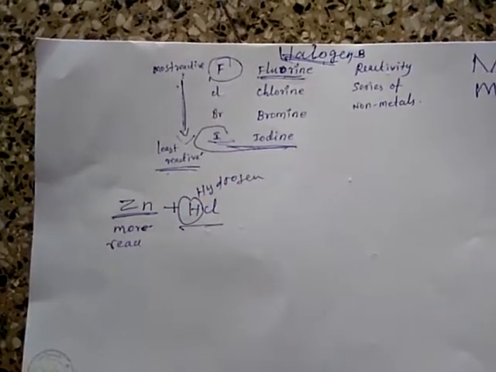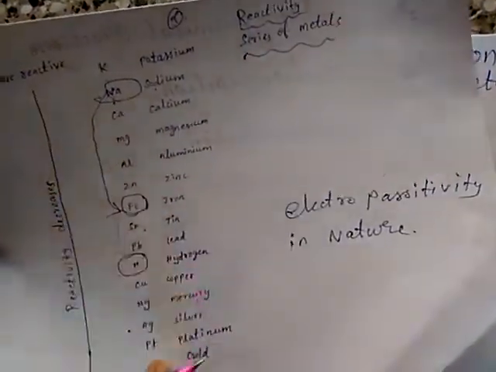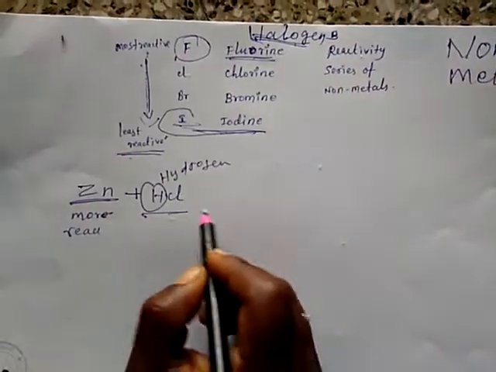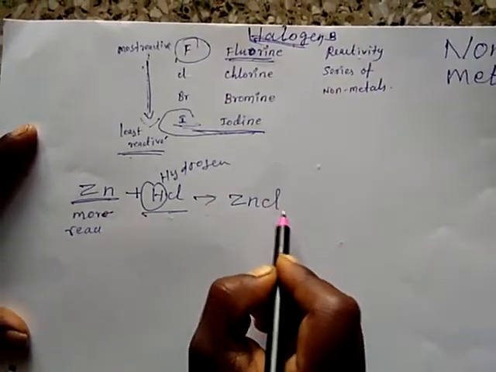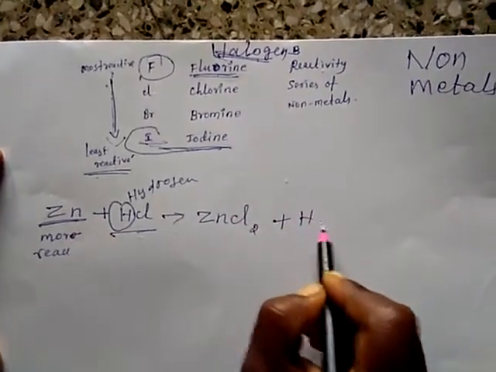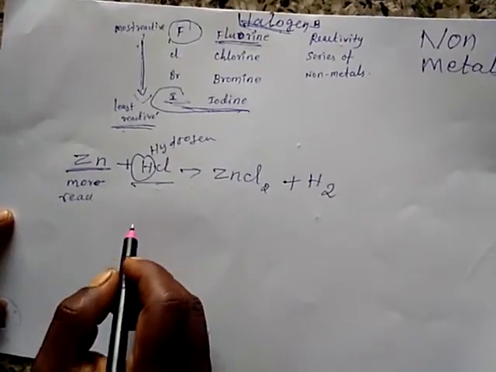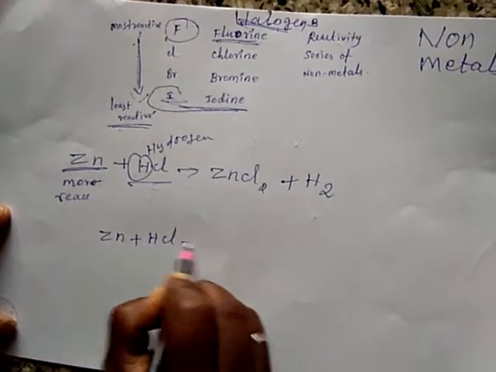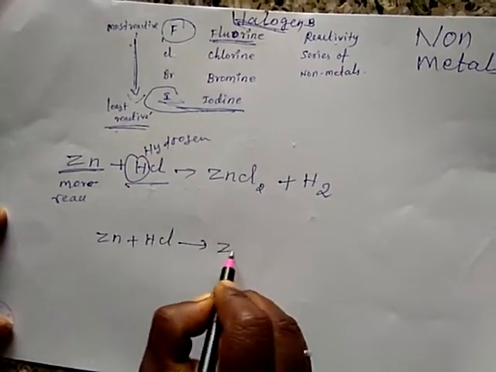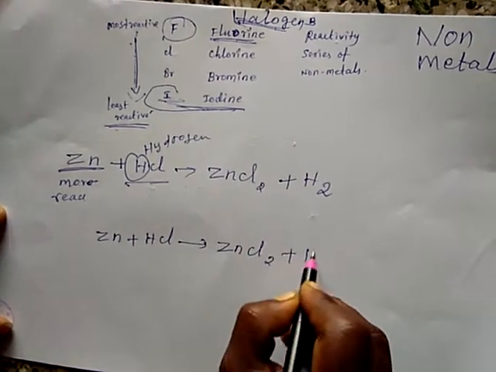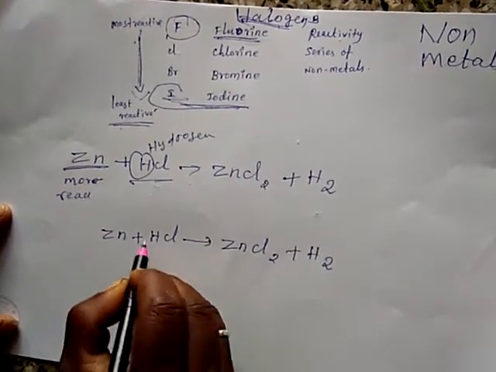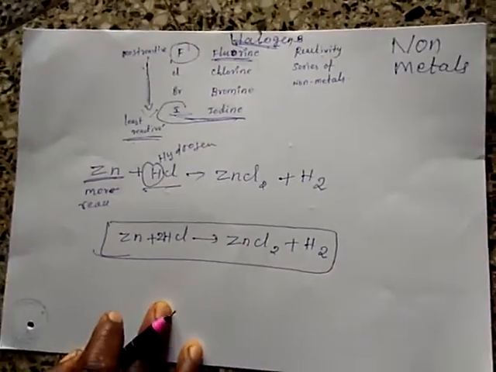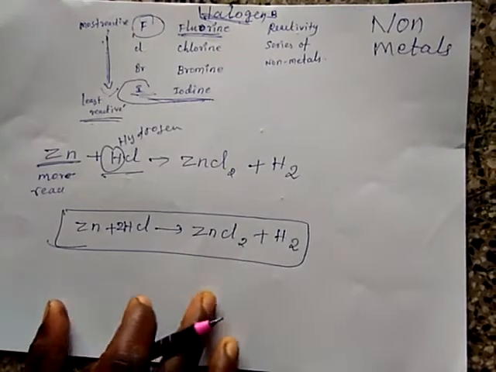According to the reactivity series, it can displace it, so we get zinc chloride plus hydrogen. Let us write the balanced equation: Zn plus 2HCl gives ZnCl2 plus H2. This is the balanced equation for this displacement reaction.